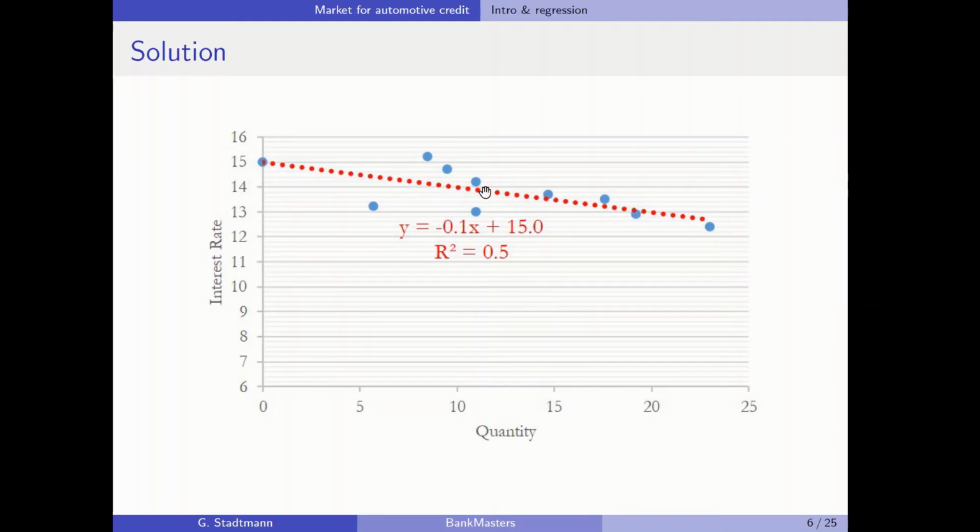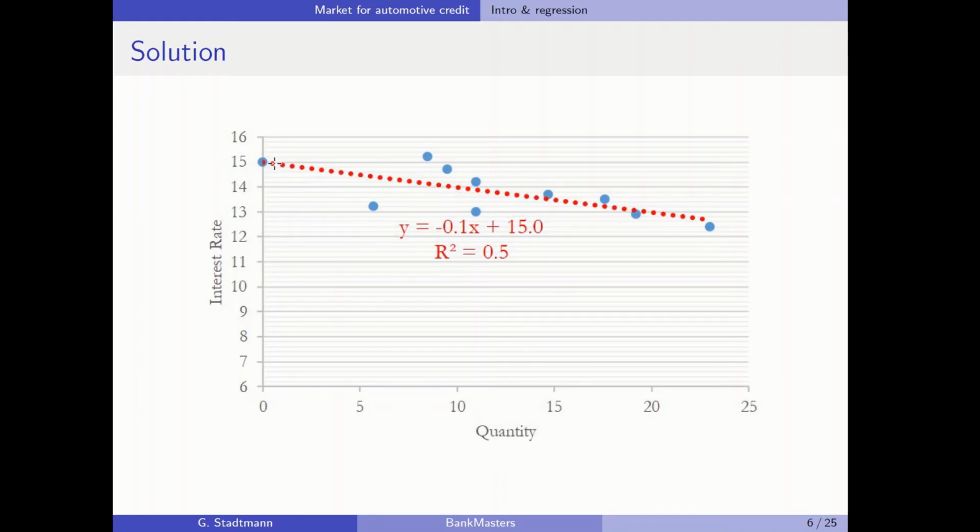The regression line has the following characteristics: the y-intercept, the intercept with the vertical axis, is equal to 15. And then when you go one step to the right, the curve goes 0.1 steps down. Or when you go like 10 steps to the right, the curve goes 1 step down. So we have the usual demand relationship, that the demand curve is downward sloping.